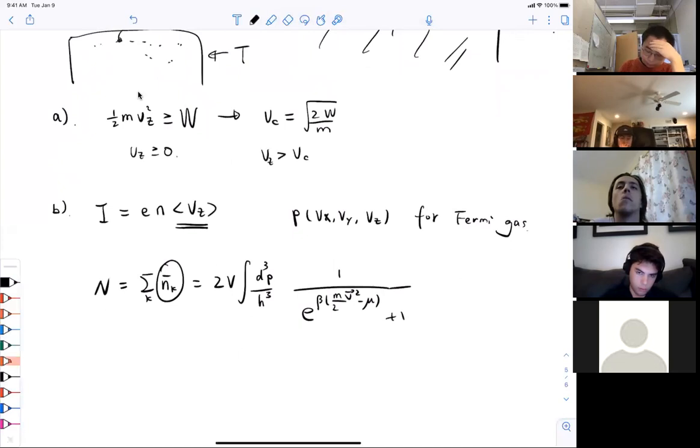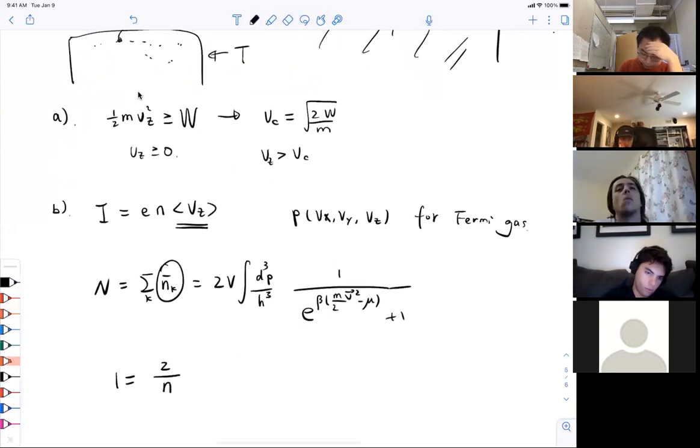Right? And dividing by V on both sides, we get n, the density. This small n is the capital N divided by the volume.